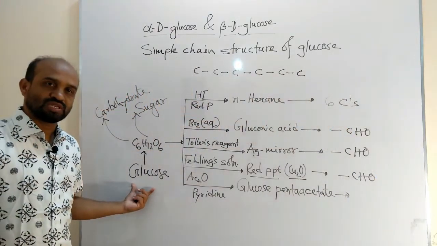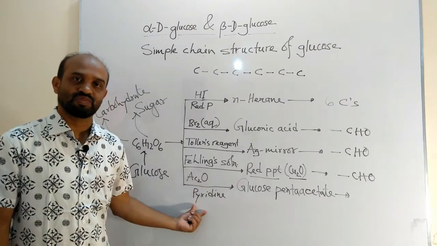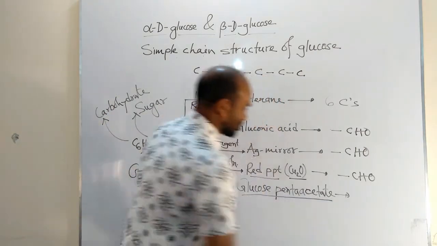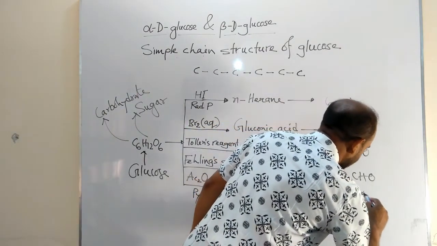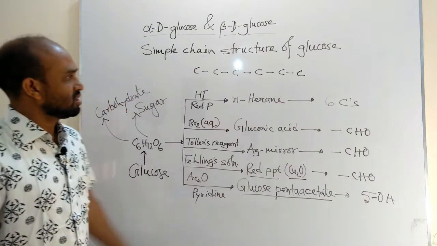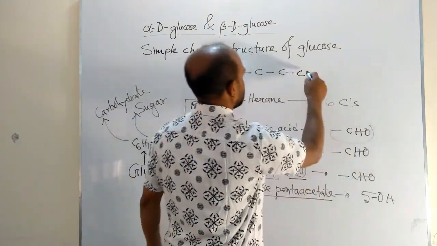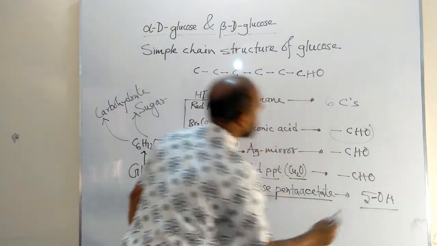Again, when glucose is treated with acetic anhydride in presence of pyridine, glucose pentaacetate is formed, that proves it has 5 hydroxyl groups. Okay, let's write the groups one by one. It has an aldehyde group with this carbon and 5 hydroxyl groups.